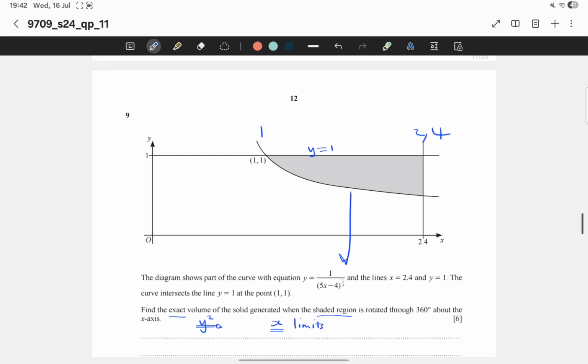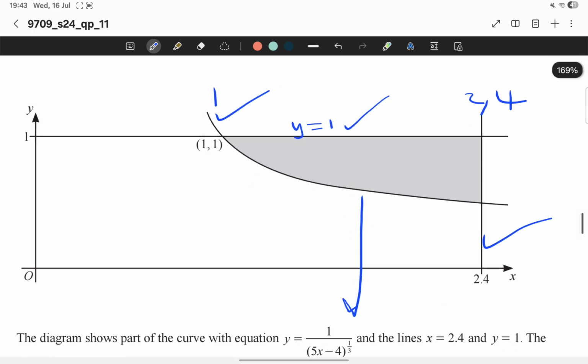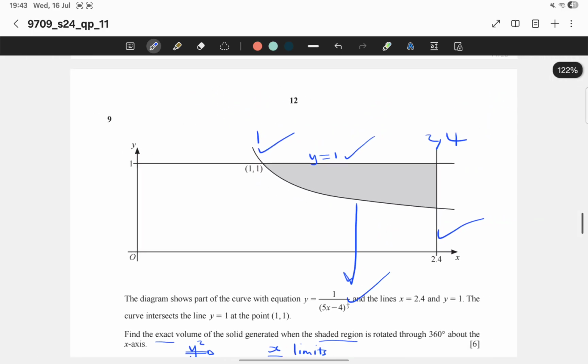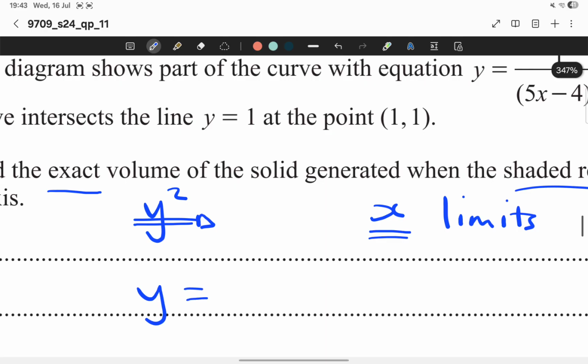We're going to get the y squared value for each, subtract the two expressions, integrate, and use the x limits.